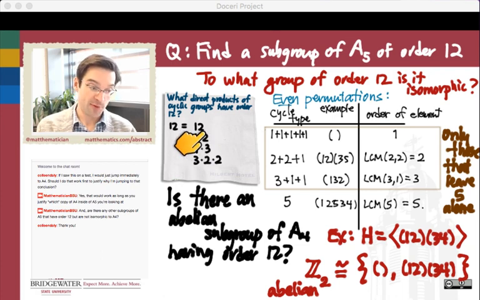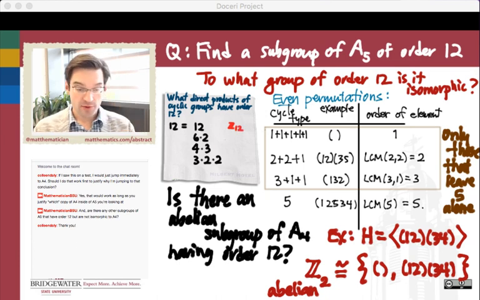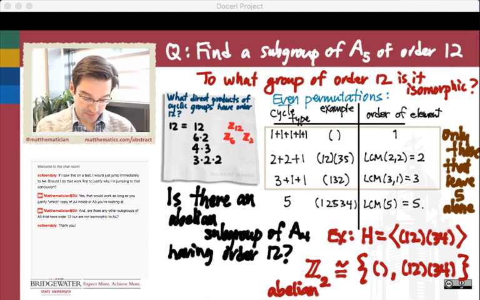And non-trivial means we don't have any 1s hanging out here, because those aren't interesting. And each of those corresponds to a potential direct product of cyclic groups. On the one hand, the factorization of 12 as itself would correspond to just the cyclic group Z mod 12. The factorization as 6 and 2 would correspond to the direct product of Z6 with Z2.